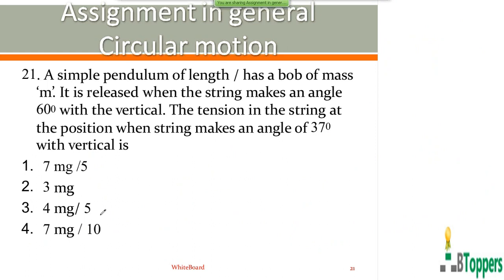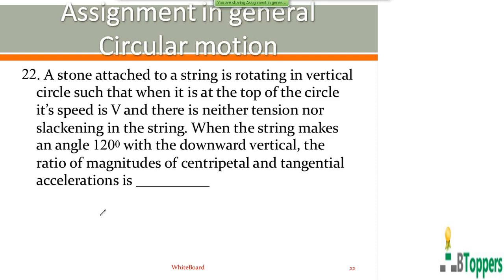Next, look at question number 22. A stone attached to a string is rotating in a vertical circle such that when it is at the top of the circle, its speed is v, and there is neither tension nor slackening in the string. When the string makes an angle of 120 degrees with the downward vertical, find the ratio of the magnitudes of centripetal and tangential accelerations.